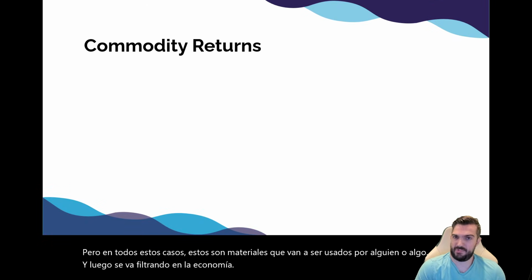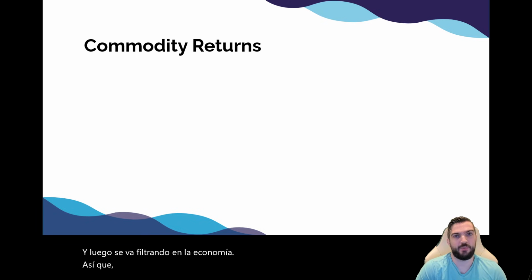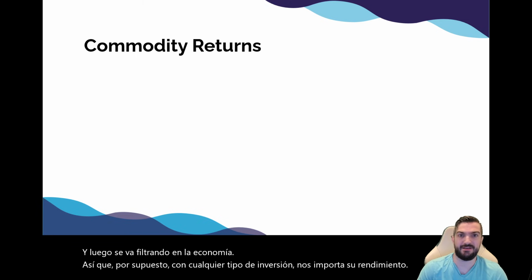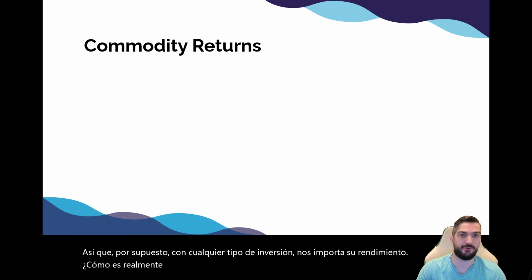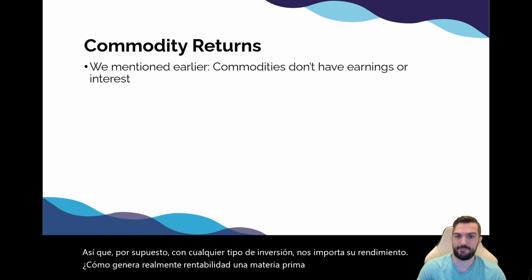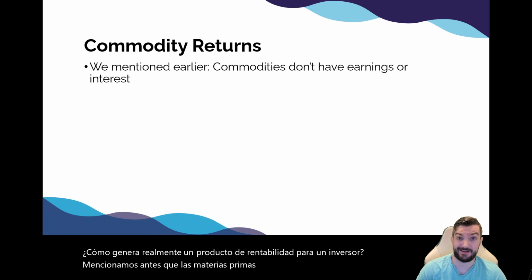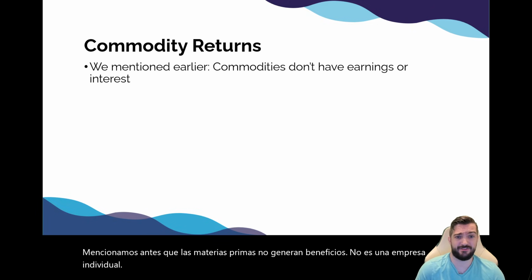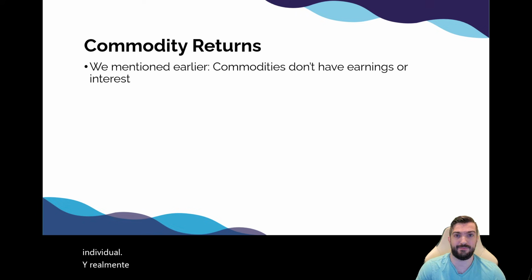So, of course, with any type of investment, we care about its returns. How does a commodity actually generate returns for an investor? We mentioned earlier, commodities do not have earnings, it is not an individual company, and they don't really pay dividends, there's no interest, it's not like a bond, not like a company.